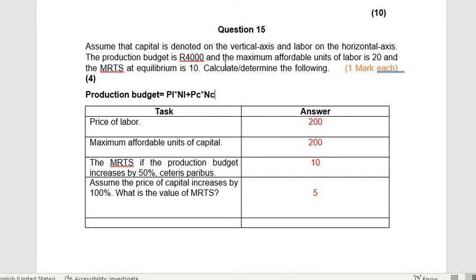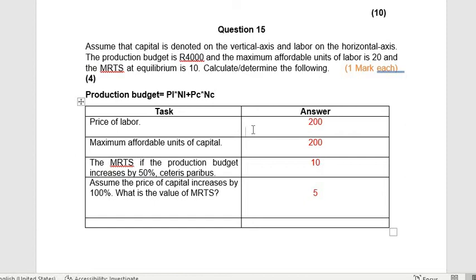For example, in the case where the maximum affordable units of labor is 20, you're purchasing 20 units of labor, so this here would be 20, and this here would be 0, and that will still all equal 4,000.